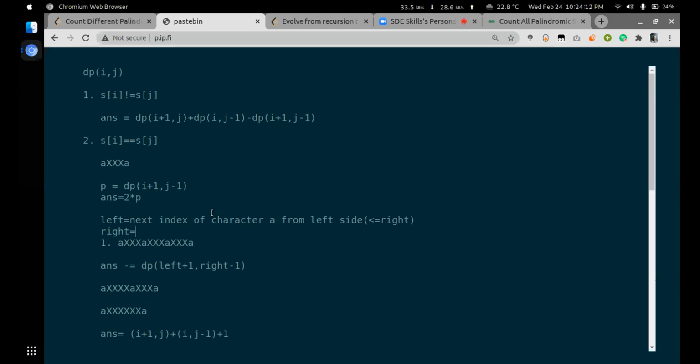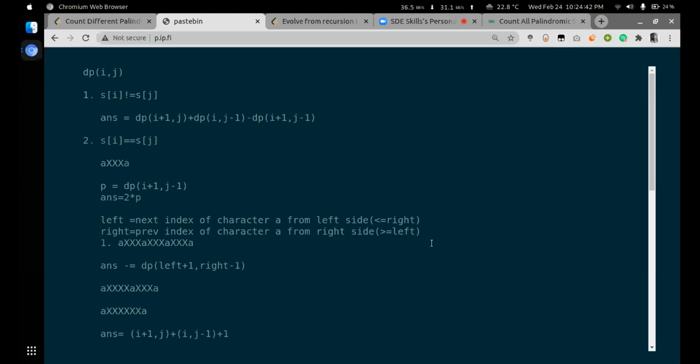And then right will be the previous index of character A from right side, and it has to be always greater than or equal to left. Otherwise, I'll just move to the extreme point, or I will go to the negative index. So this is why I have to take care of this condition.